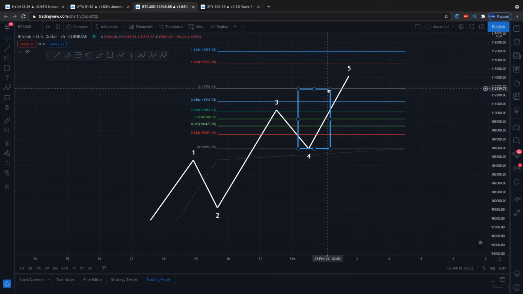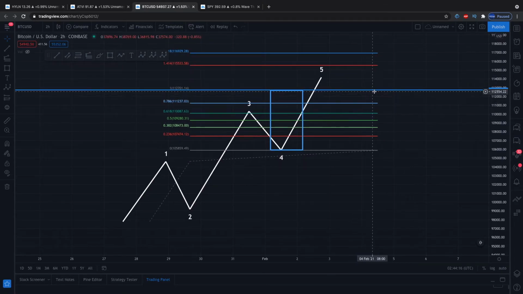So at these levels, you would mark it here, and you would set this level as a price target. If you were trying to get in on wave 5 by buying in at the bottom of wave 4, you would typically sell some of your position at this one-to-one ratio. That just means this is the point where the length of wave 5 has gained equality with the length of wave 1.